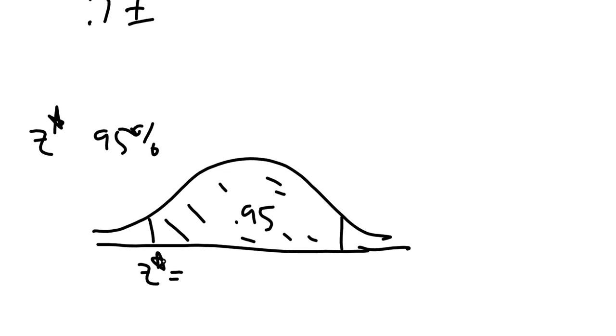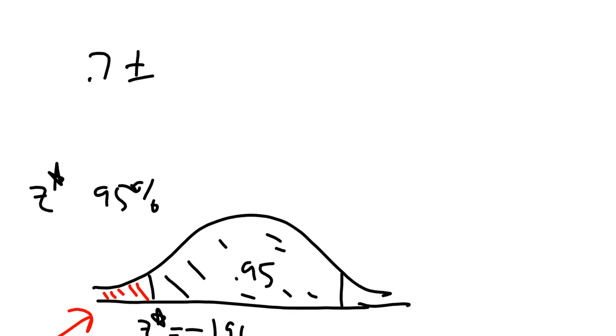There's a button that says VARS, and above it, it says DISTR, distributions. You go to number 3, invNorm, and you want to type in the area that's in this tail. That's simply (1 minus 0.95) over 2, or 0.025. So you end up getting negative 1.96.